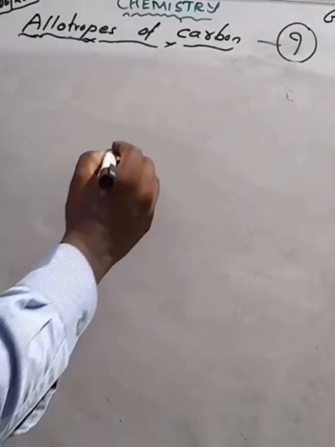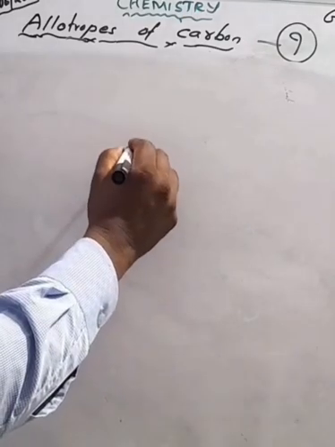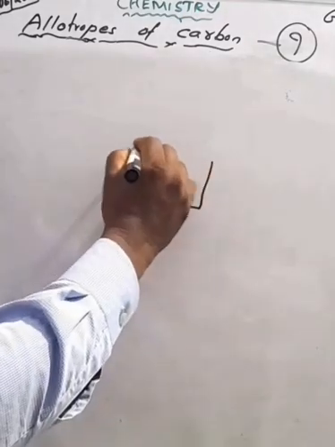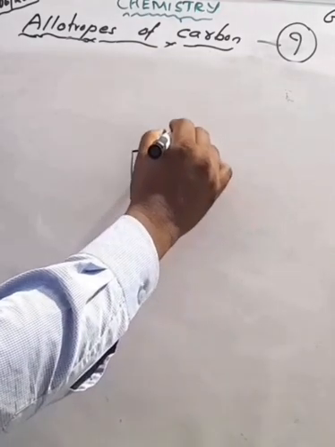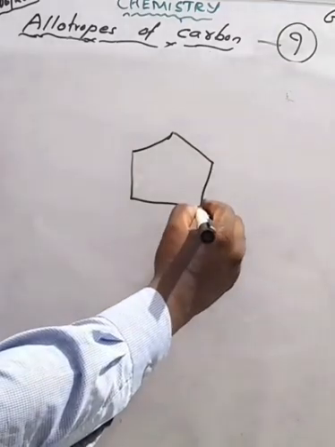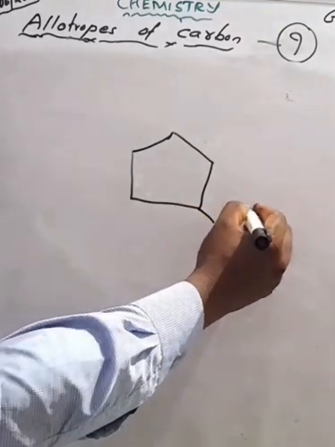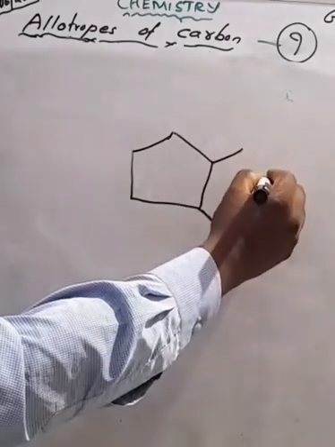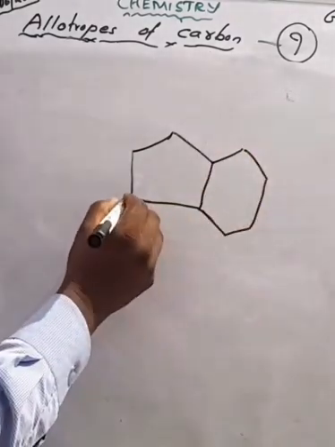Try to draw the structure. First make one five-membered ring. Then, after this one, make a six-membered ring.